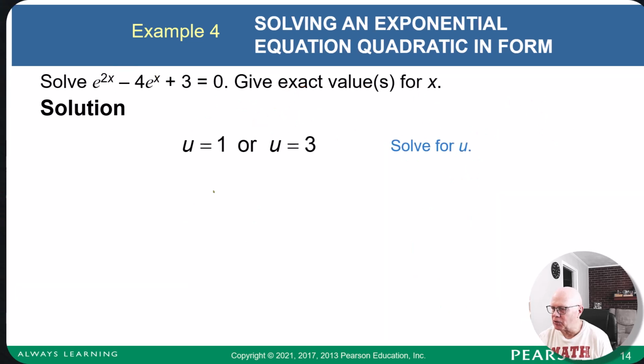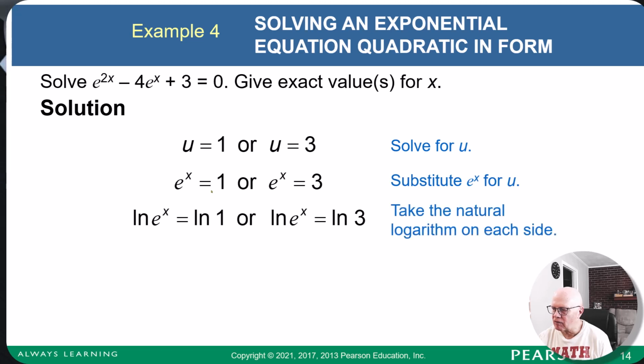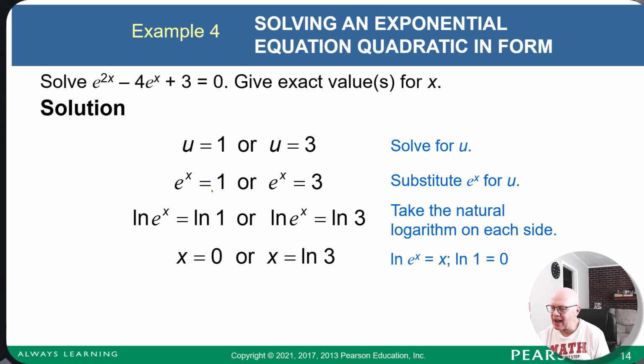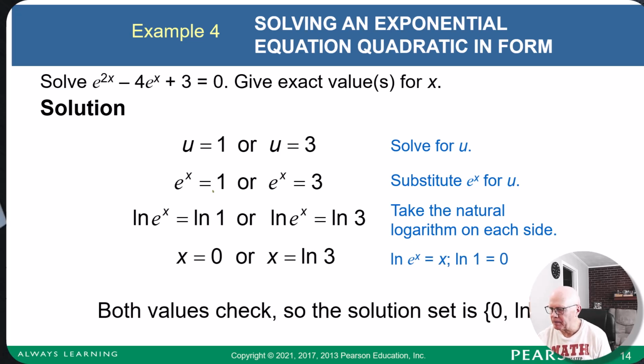We'll substitute back in and solve both of those equations, and you get your two exact solutions. And if you're looking for a solution set, which you did not ask for, but writing it like this is perfectly fine. Oops, there we go.